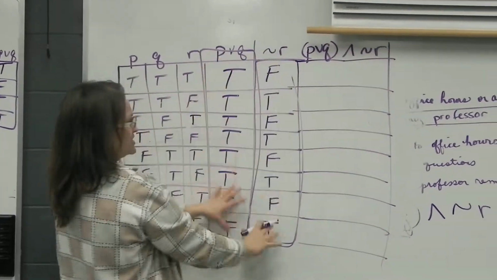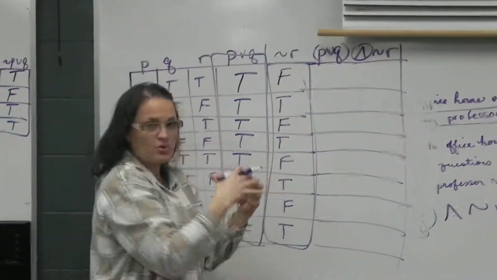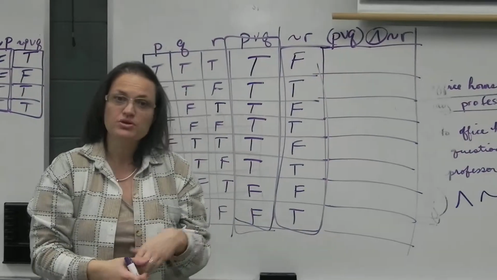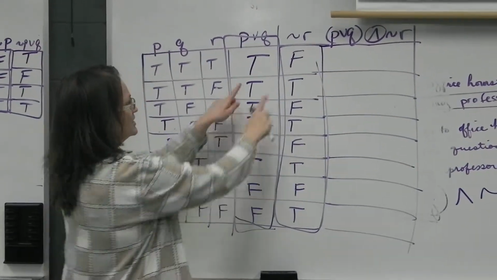So these 2 just happen to be side by side, that's nice. And we're evaluating for the last part of the order there, which is the and. Now remember, for an and to get true, you have to have 2 truths. So they have to both be true to get a T.